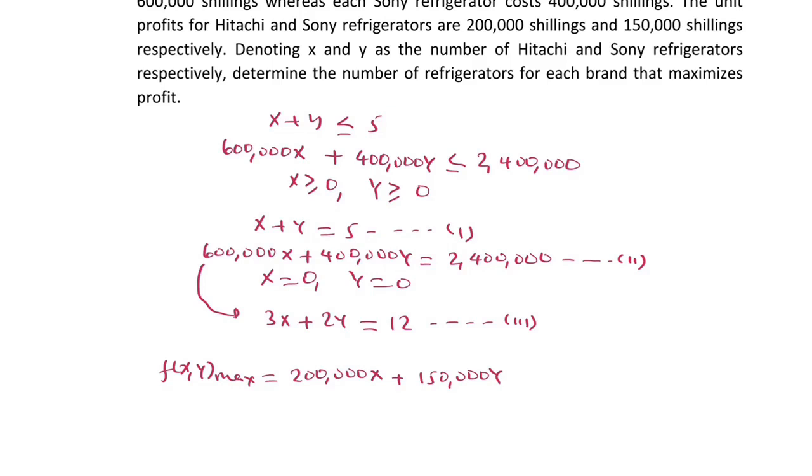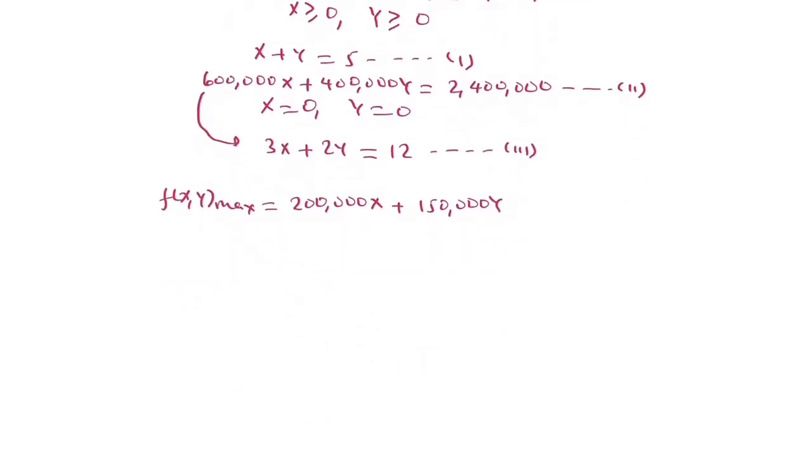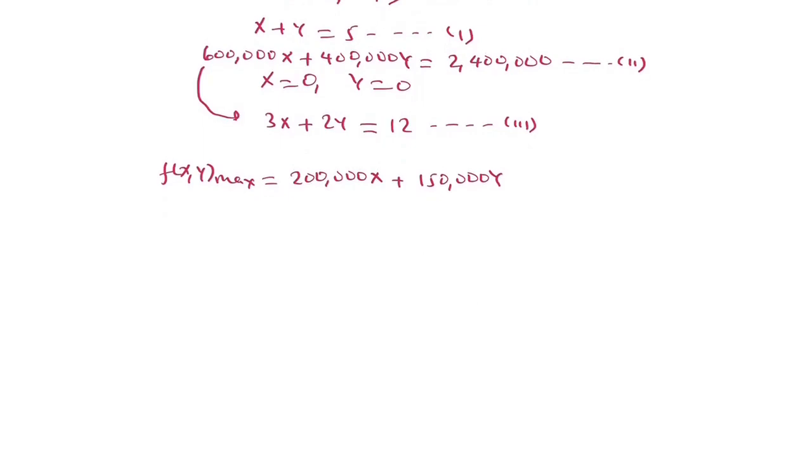Next, we are going to draw the graph in order to find the pair of X and Y that is going to give us the maximum value of the objective function. Starting with X plus Y equals 5, we are going to use the intercept method to find the points. When X equals 0, Y is 5, so the point is (0, 5).